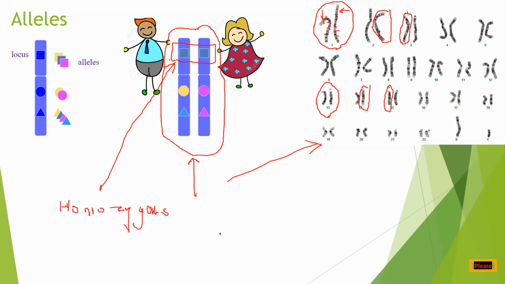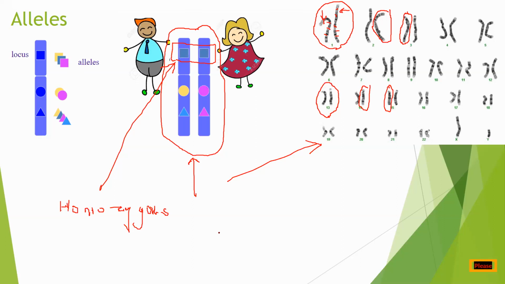Yes. And in this case, the blue squares are homozygous, but the yellow and pink are heterozygous, and the blue and pink are also heterozygous. That is true. But at the same time, they are homologous. Yes.